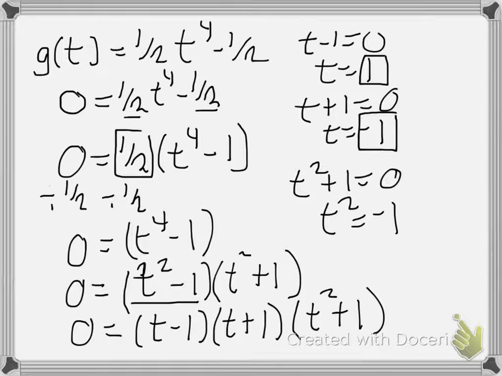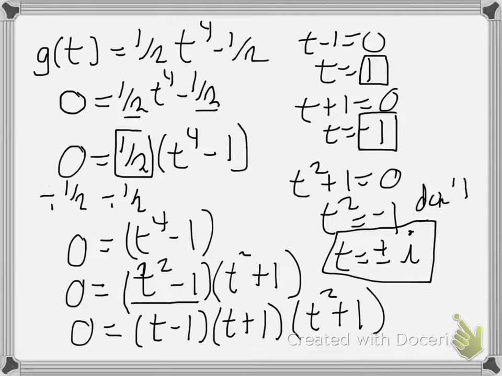I mean, you do know what that is. T would be what? Plus or minus i. But we don't count imaginary roots, so we don't put that in our answer. So the only real roots that we have here are t equals 1 and t equals -1.